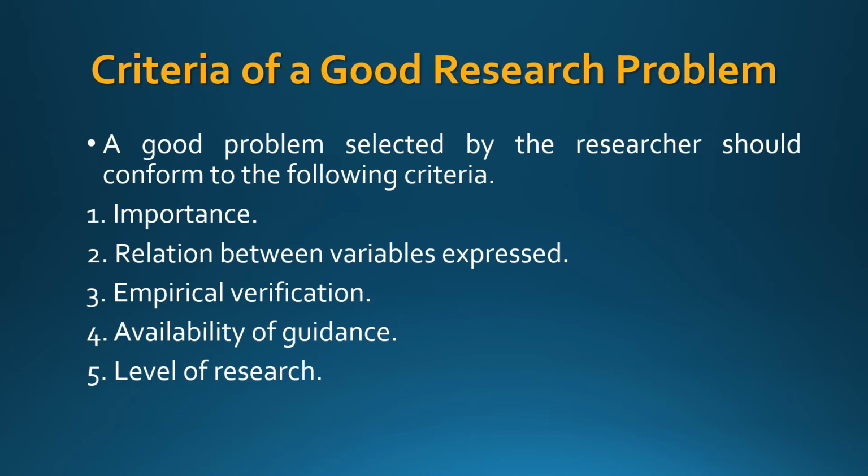Thereafter, next point is level of research. The nature and scope of study will be determined by the level: master's degree, MPhil and PhD, research to produce a research paper, or an experimental project.